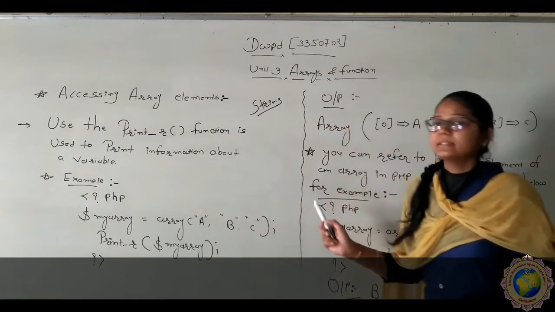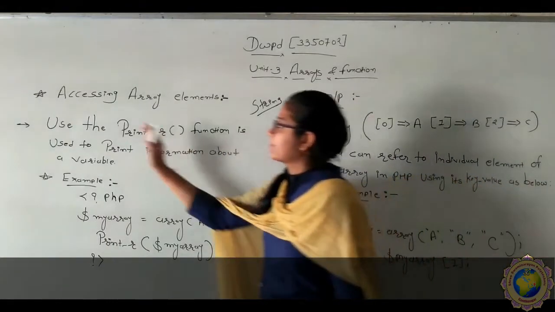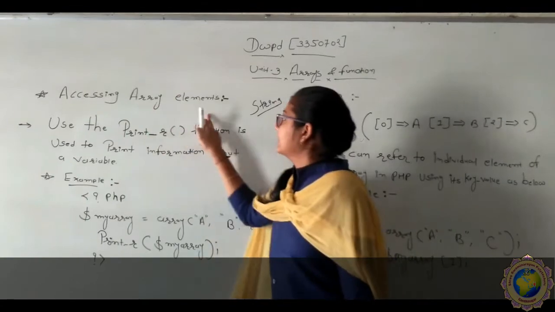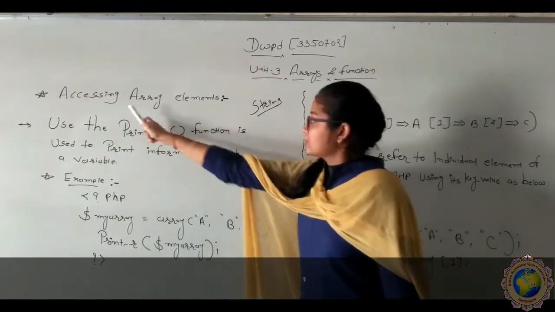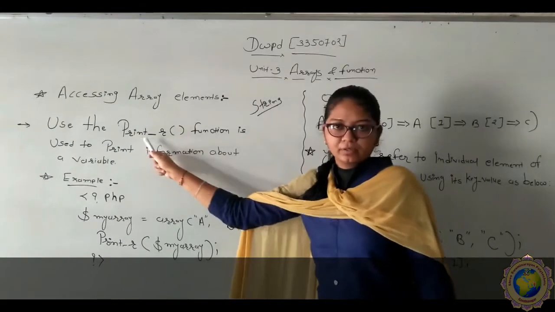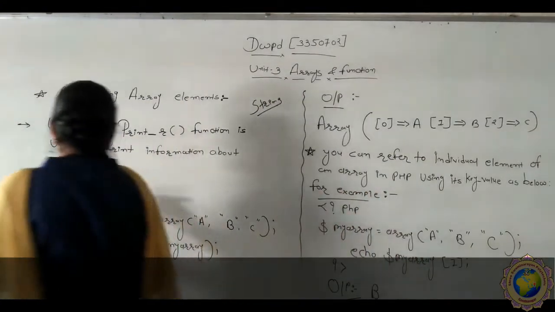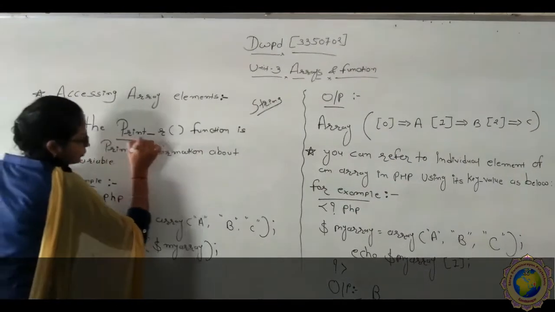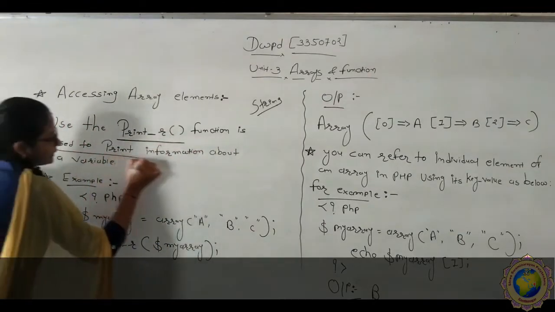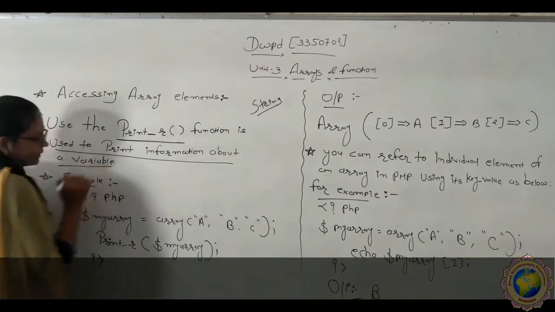Now in this lecture we are going to discuss accessing array element. How do we use it? Accessing an array element uses the print_r function. We use this function to print information about a variable.